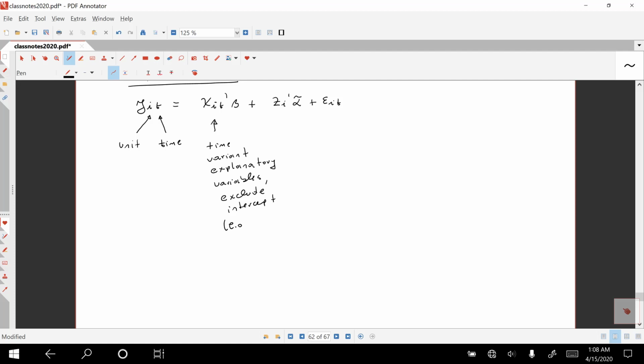For example, if we're thinking about households, an example of a time variant explanatory variable might be income. It's common that income changes through time. Z_i, on the other hand, as I was telling you, is a vector of time invariant factors.